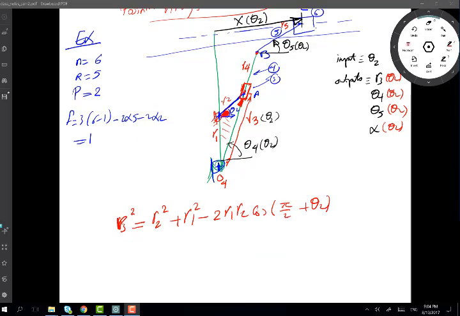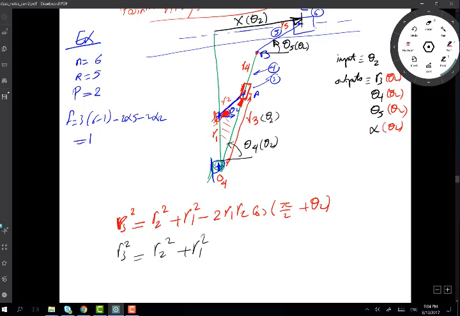To simplify the expression for R3, R3 squared is equal to R2 squared plus R1 squared, and then when you expand the cosine, you get cosines multiplied together minus sines multiplied together. So I have minus sine theta 2.